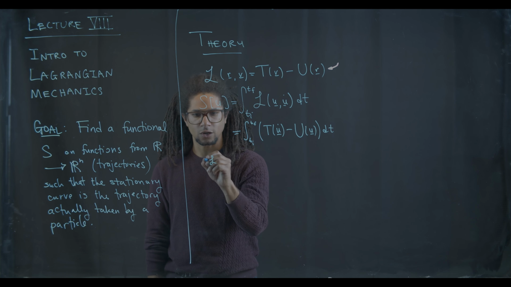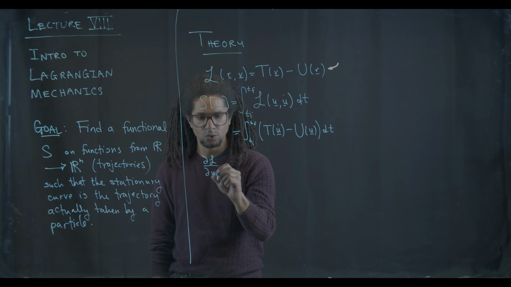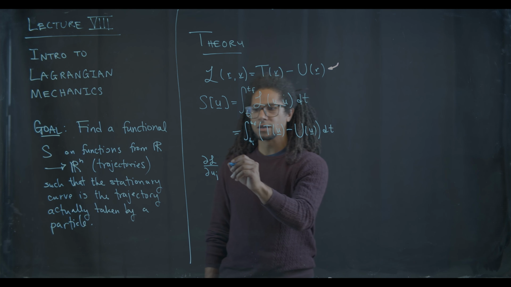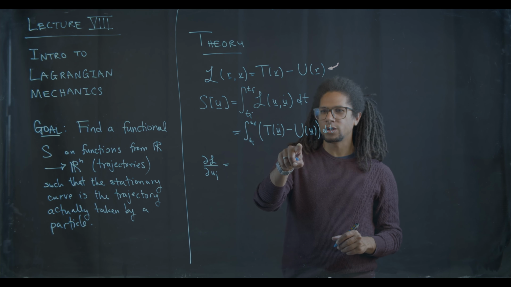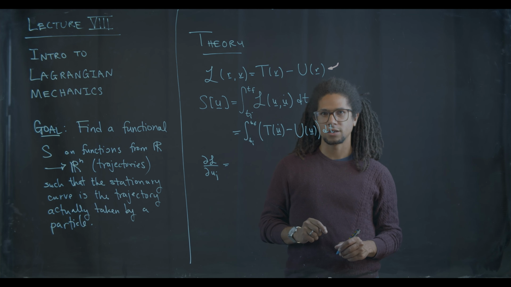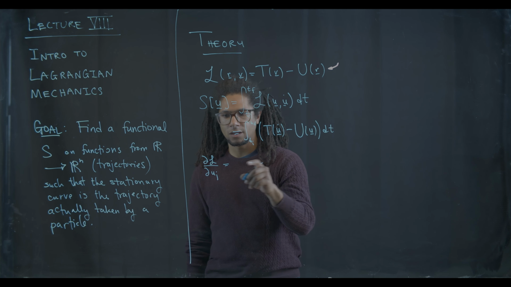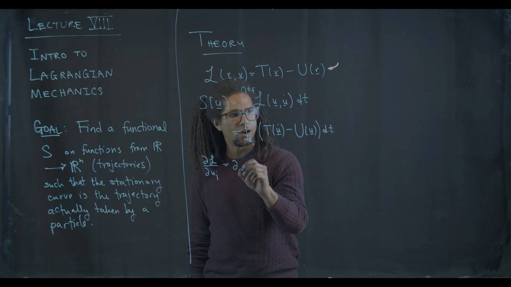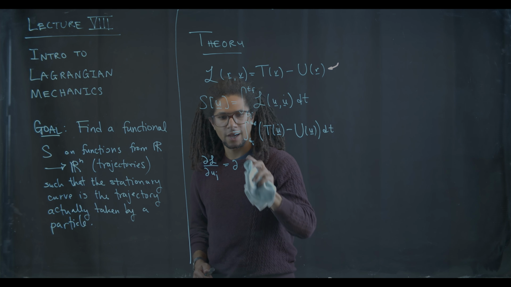So we'll start that by finding the partial of the Lagrangian with respect to u_j. Well, the Lagrangian only depends on u_j in terms of this U, the potential energy. So this is going to be the derivative of the potential energy.